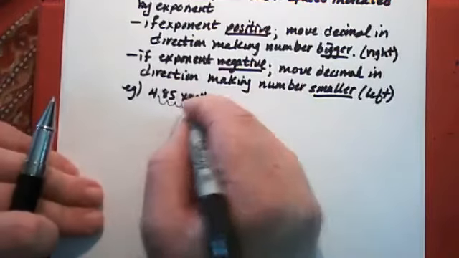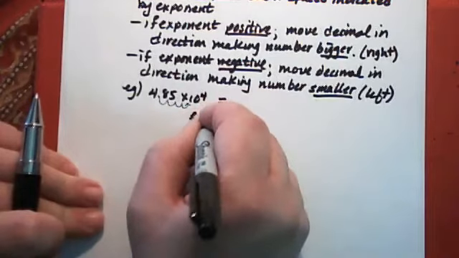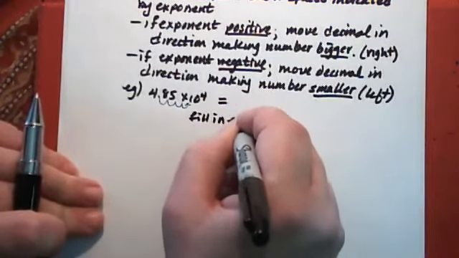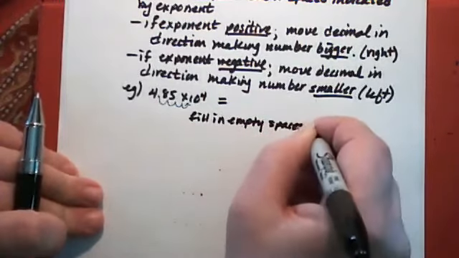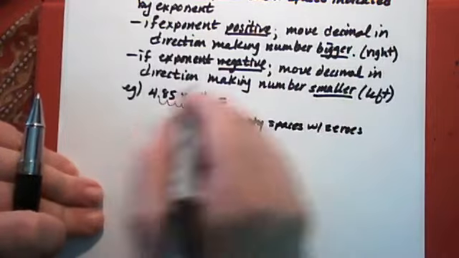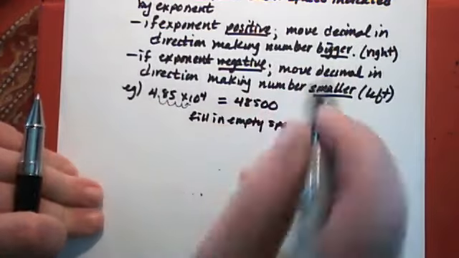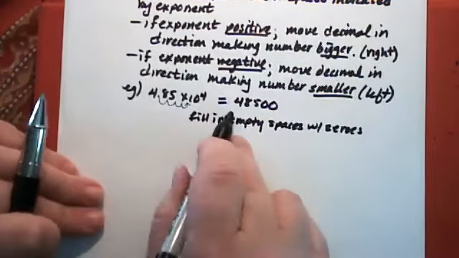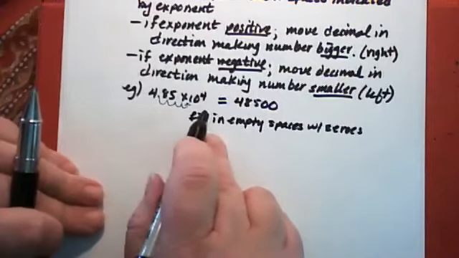And any empty spaces can be filled in with zeros. And so we get 48,500. So 48,500 is the same as 4.85 times 10 to the fourth.